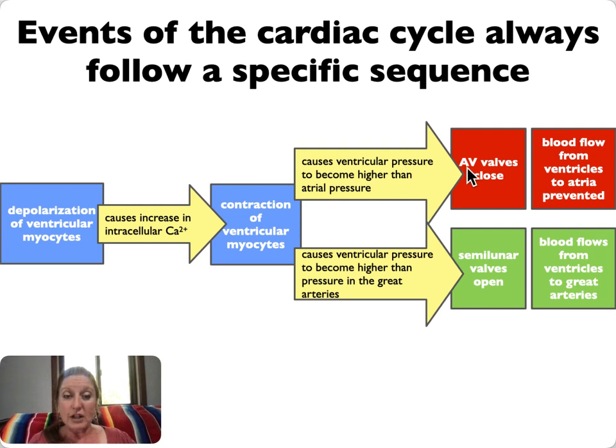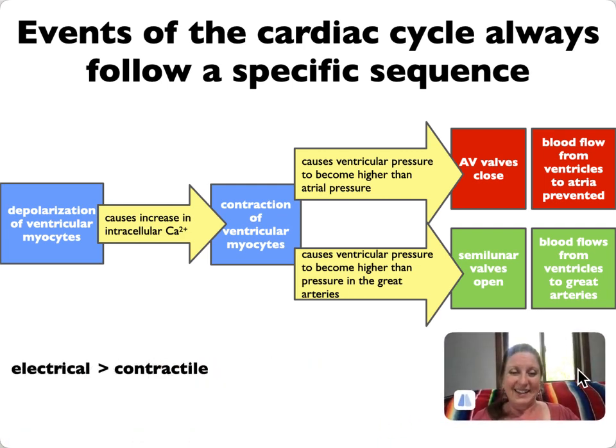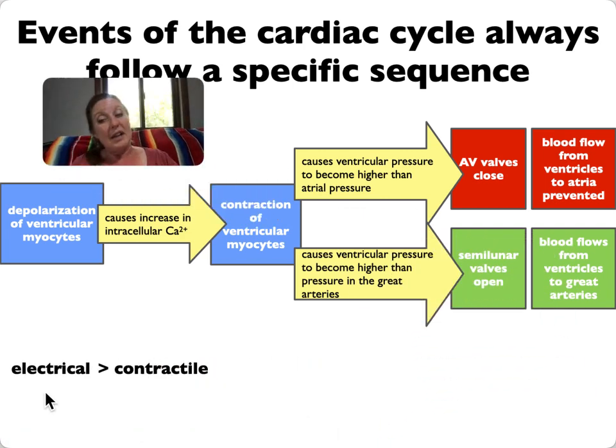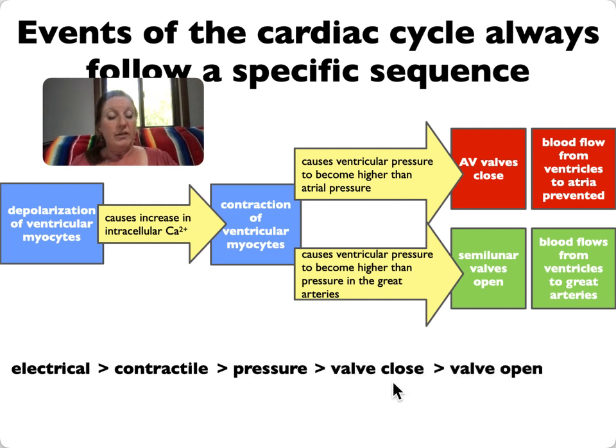The increase in pressure first causes a valve to close, in this case, the AV valves, and then this prevents flow. Pressure continues to increase until another valve opens, and this allows flow. So electrical, contractile, pressure, valve, valve, and flow.